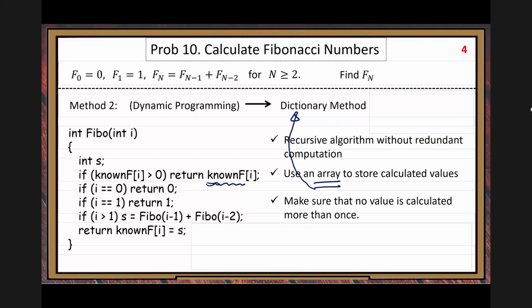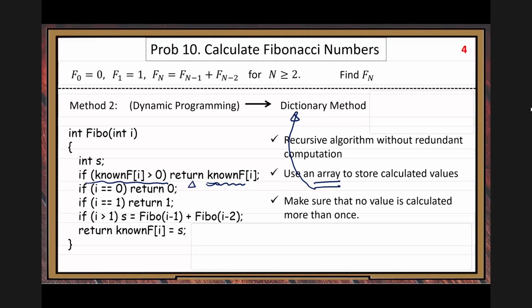Then every time, you detect whether it is known or not. If it's greater than 0, it is known, right? This value is already available in the dictionary. So this array is the dictionary. You just return the value from the dictionary without calculation. So in this return statement, you return the known value from the dictionary, and you save calculation.